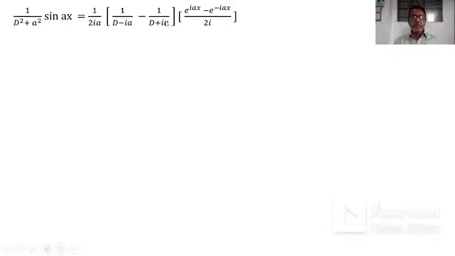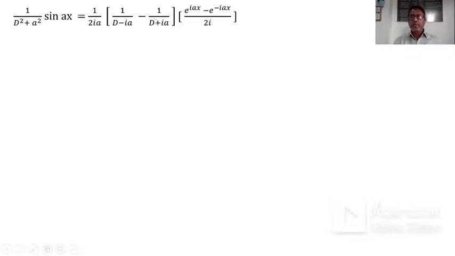If you simplify here, if we take the LCM of the denominator as D plus ia, D minus ia, we multiply this by D minus ia, multiply this by D plus ia, and we get D plus ia minus in the bracket D minus ia.